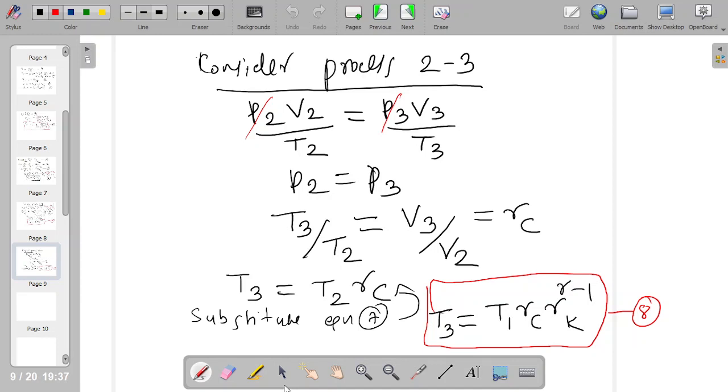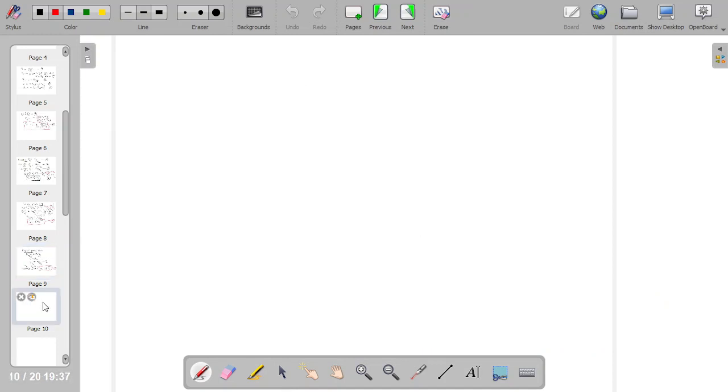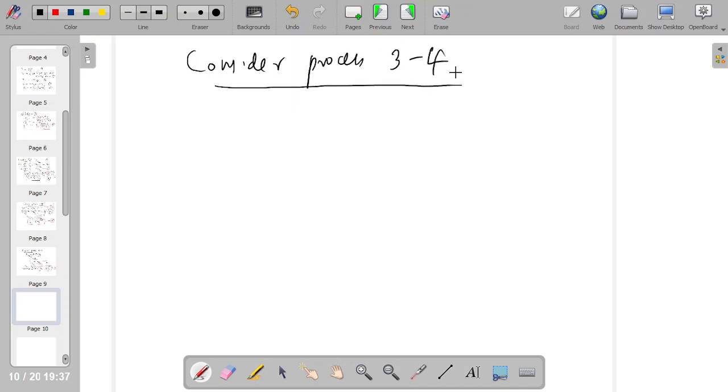Now we have to go for 3 to 4, because we have to express T4 also like this. So consider process 3 to 4, which is again an adiabatic process. Remember, 1 to 2 and 3 to 4 are adiabatic. So we can write P3 V3 raised to gamma is equal to P4 V4 raised to gamma, the adiabatic equation.